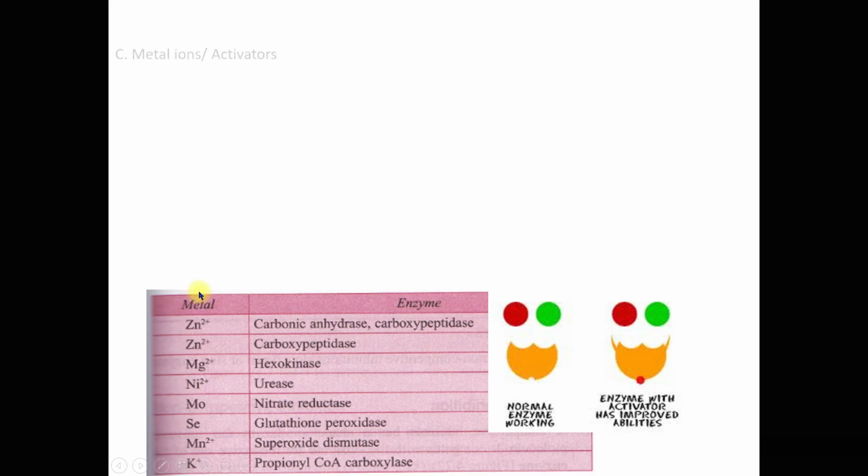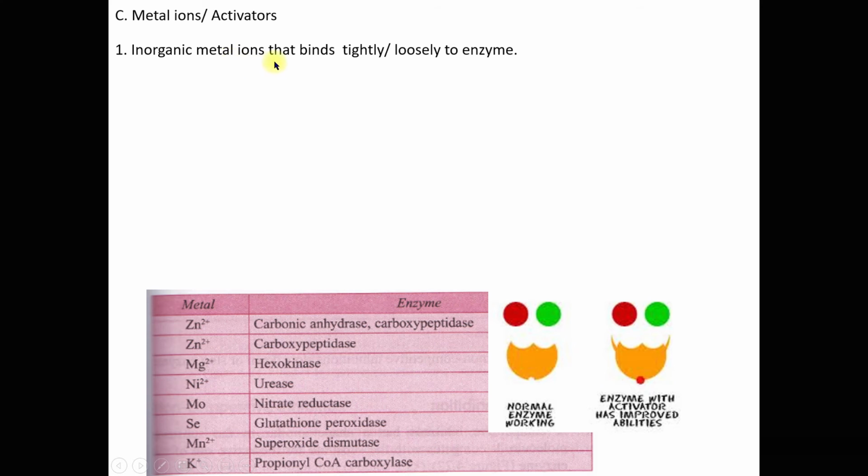Now, the third type of cofactor is the metal ions. These metal ions are also known as the activators. So activators are inorganic metal ions. Isn't that obvious, since activators are also known as metal ions. So these activators are inorganic metal ions that bind tightly or loosely to the enzyme.